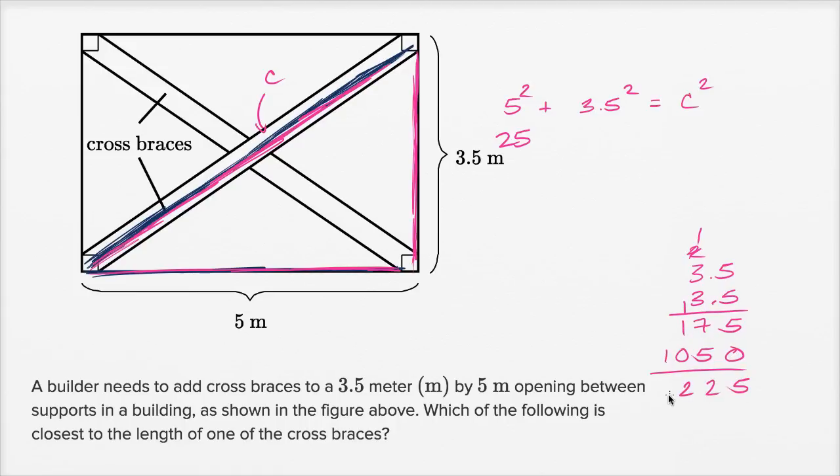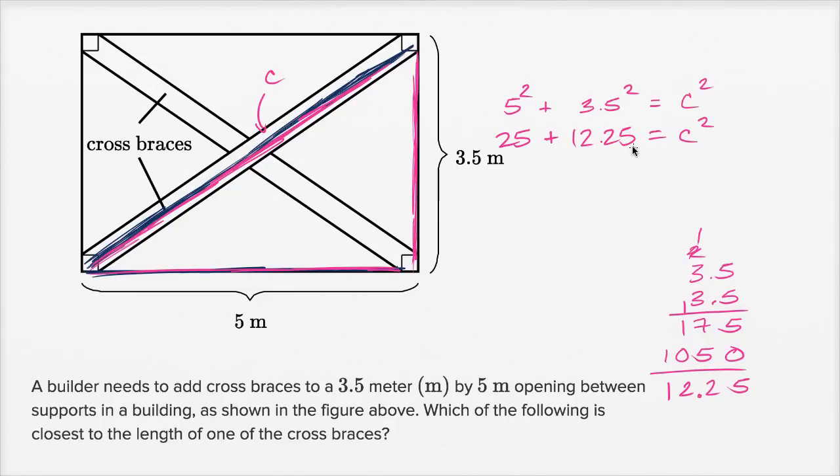And then you have 1 right over here. And you have 2 digits to the right of the decimal point, so you're going to have 2 digits to the right of the decimal point right over here. So this is going to be 12.25.